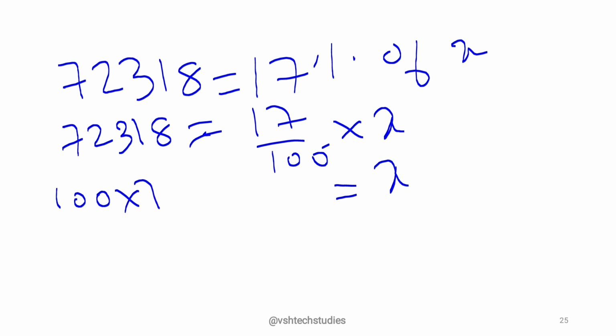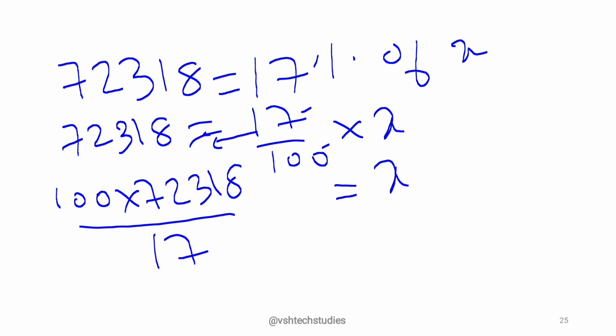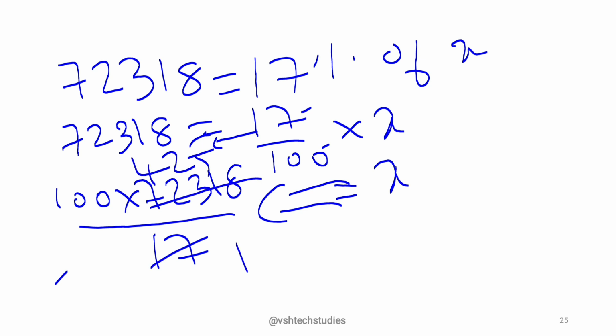So 72,318 as it is, right? 17, if you send the other side, it is in the numerator, it goes to the denominator this side. So x is equal to 100 into 72,318 divided by 17.